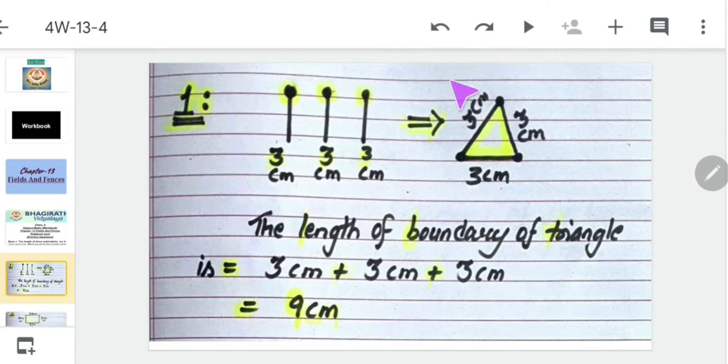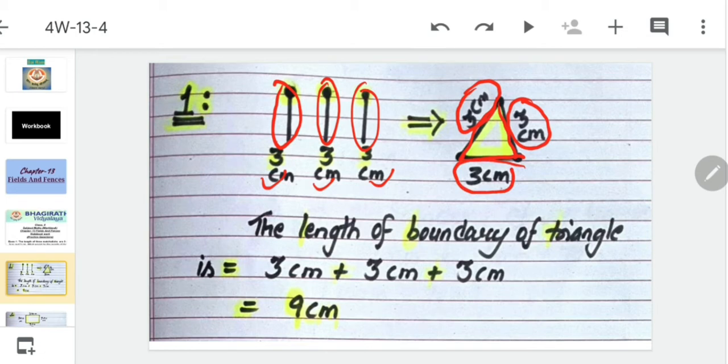In the question we are given that the length of all three matchsticks is 3 centimeter. So when we place these matchsticks in the shape of a triangle, the length of all the sides of this triangle will be 3 centimeter, 3 centimeter and 3 centimeter.